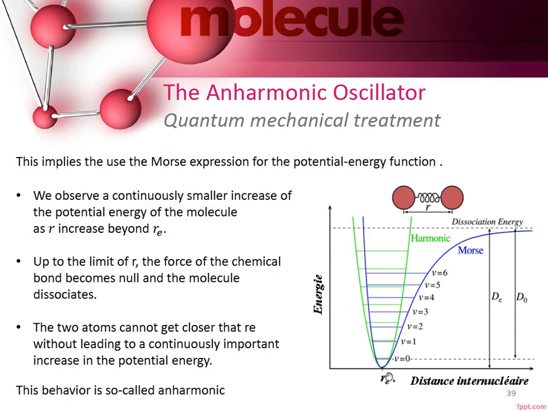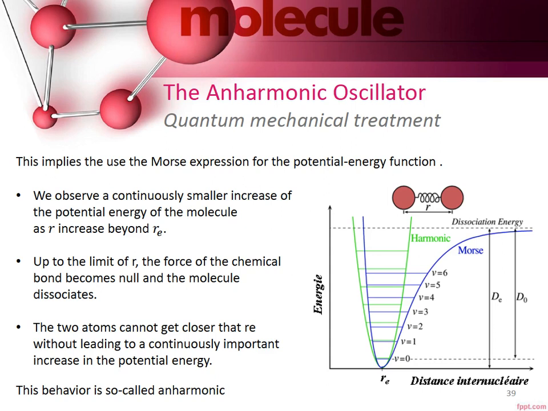When the distance between the two atoms increases, there will be a level of energy after which the molecule will dissociate. And this will allow us to calculate the dissociation energy. Okay? As you see, there is something called D0 and DE. We'll see in a moment what it is.